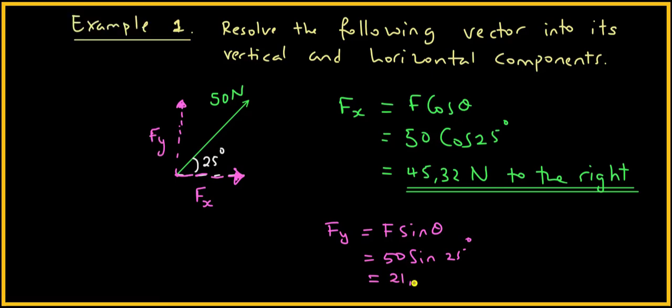So that's 21.13 newtons upwards. These are the two components of my vector. Doing this is called vector resolution, breaking up a vector into two parts, the horizontal part and the vertical part. So every vector which is acting at an angle has two parts to it.